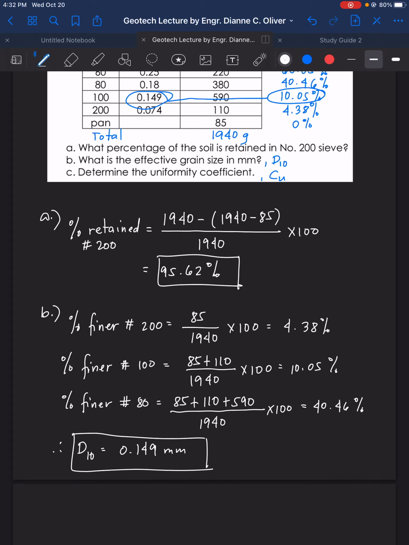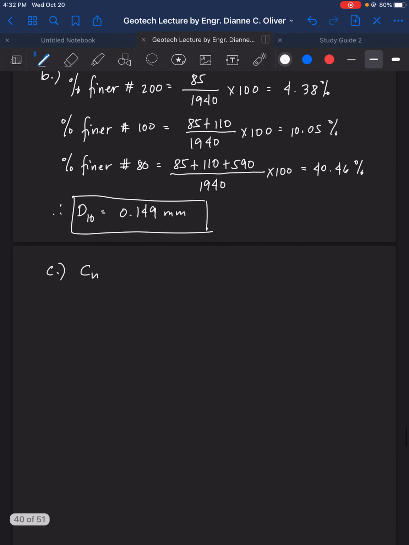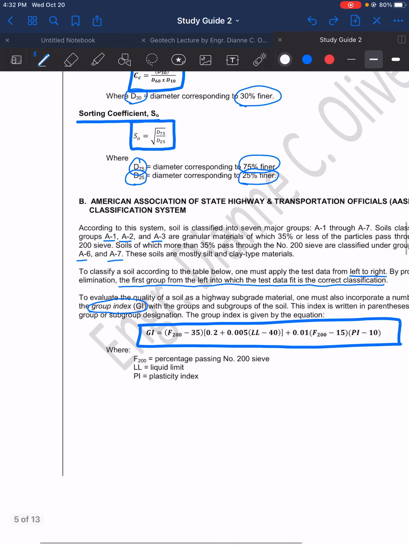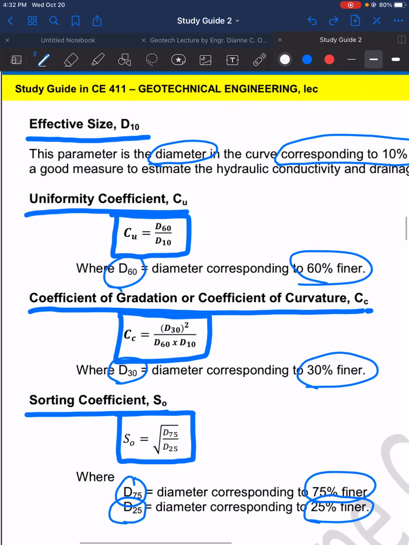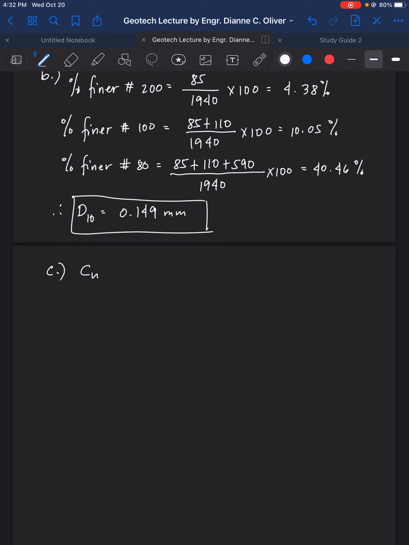Okay? Next, letter C. Determine the uniformity coefficient. So, uniformity coefficient is CU. Again, what's the formula for the CU? The formula is located here. It's D60 over D10.